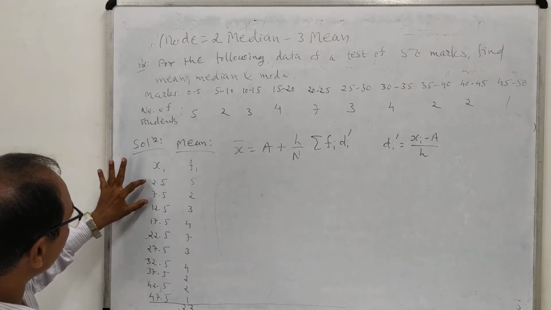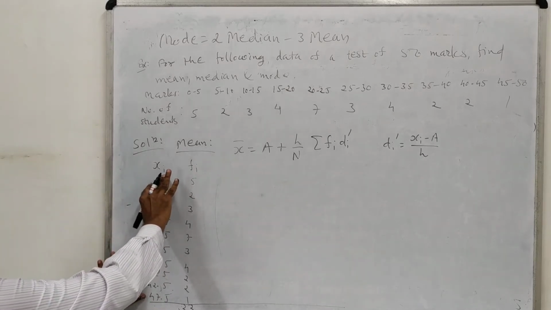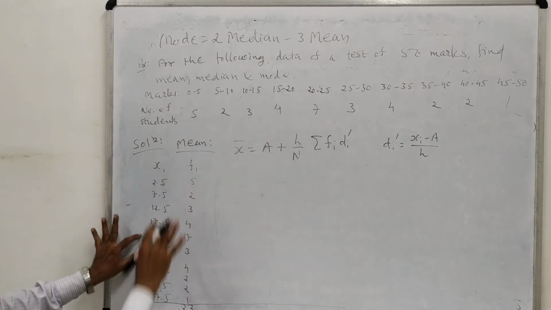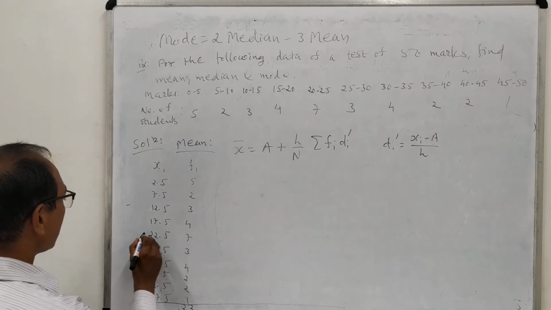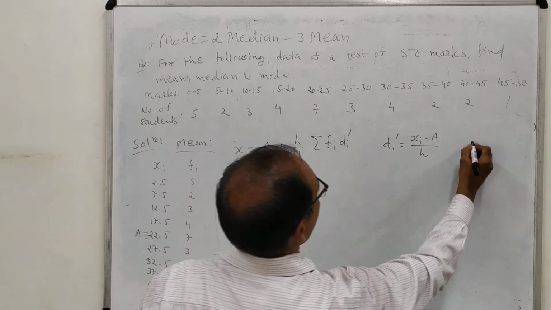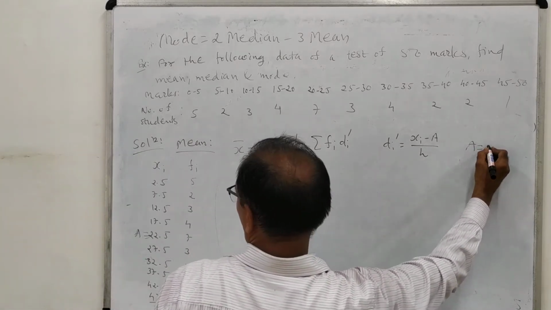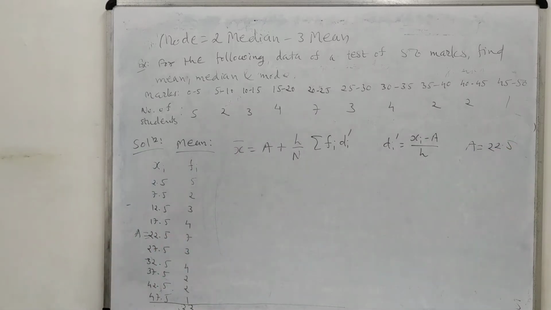Mostly we assume the central value; there are two central values over here, so you can assume any one as A. So I will assume capital A equal to 22.5. You can also assume 27.5 if you want.